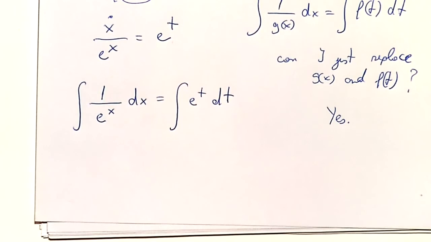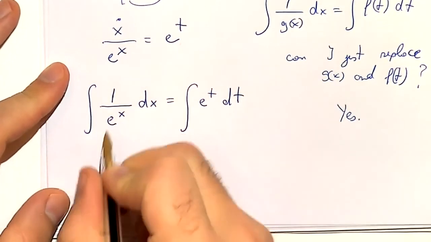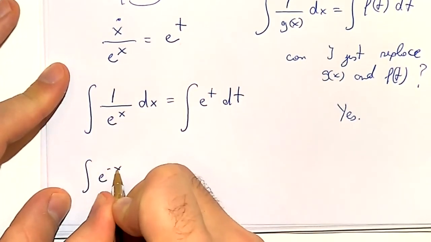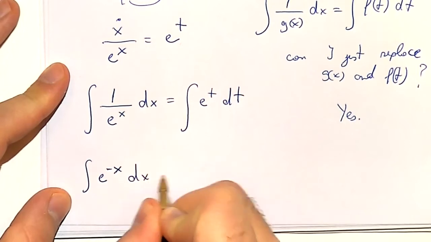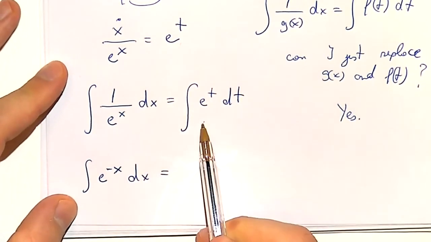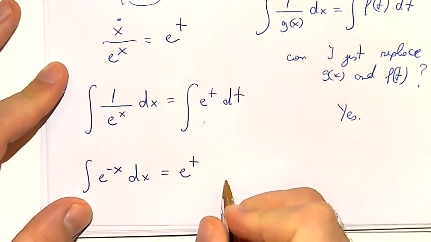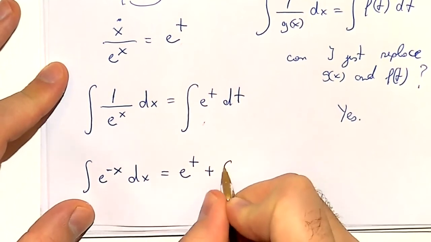Okay, so we got to this point, and now I'm just going to compute these integrals. This is just integral of e to the minus x dx. It is equal to the integral of e to the power of t, which is just e to the power of t plus constant.